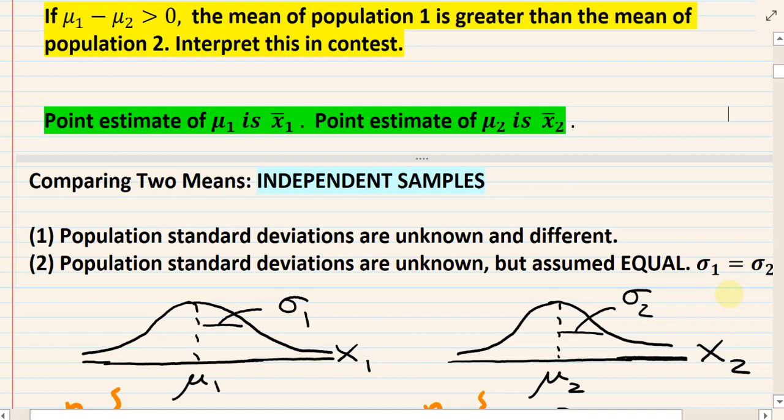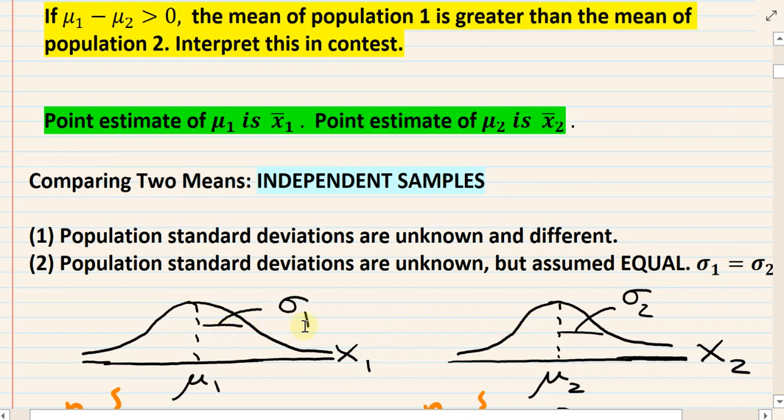So we're going to assume normality of both populations. The center of the first population for this random variable x1 is located at mu1, the center of the second population at mu2. Each of these has its own standard deviation. Again, in one instance they will be different, another instance they would be assumed equal.